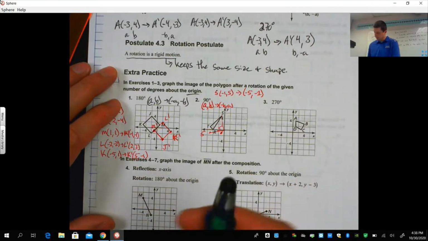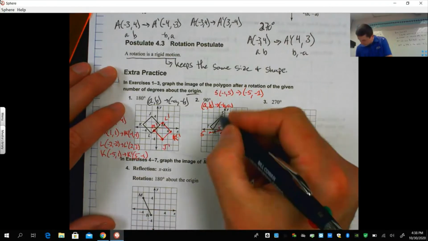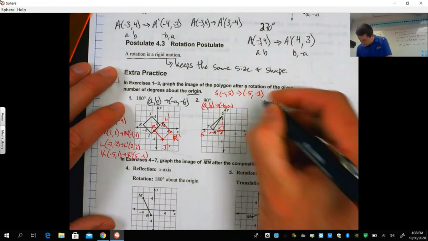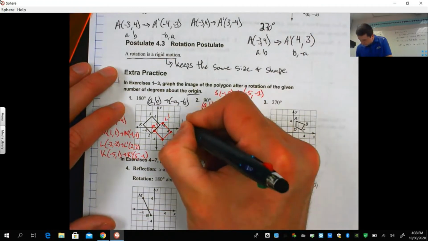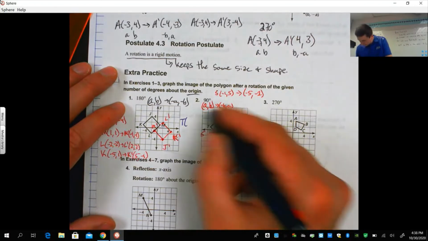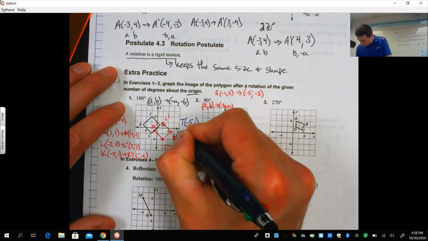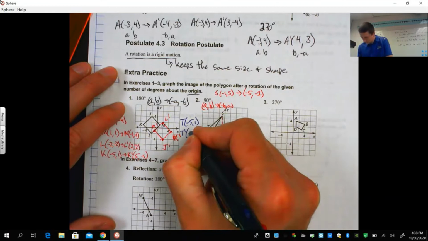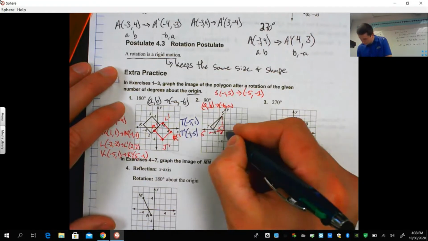We should switch colors now, because I messed that up. Okay, T. T looks to be at 2, 4, negative 5, 1. So T prime, opposite of B, negative 1, A, negative 5. Negative 1, negative 5.